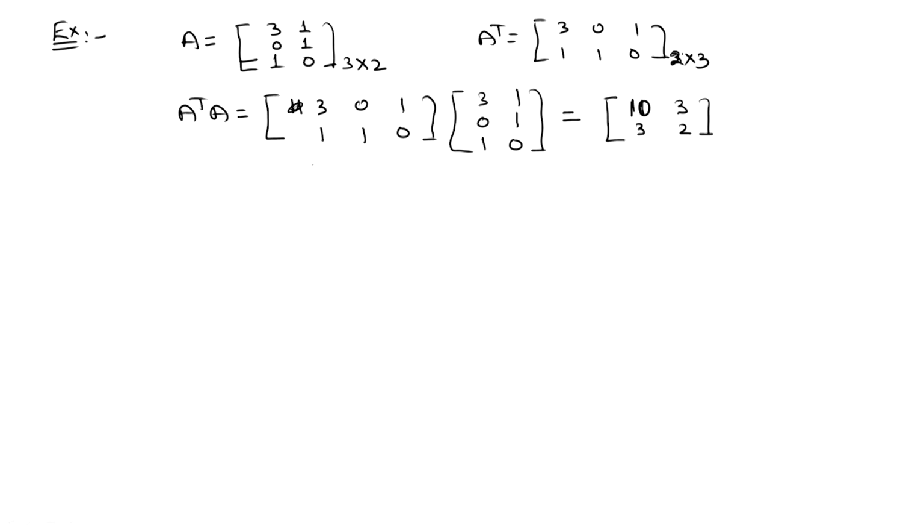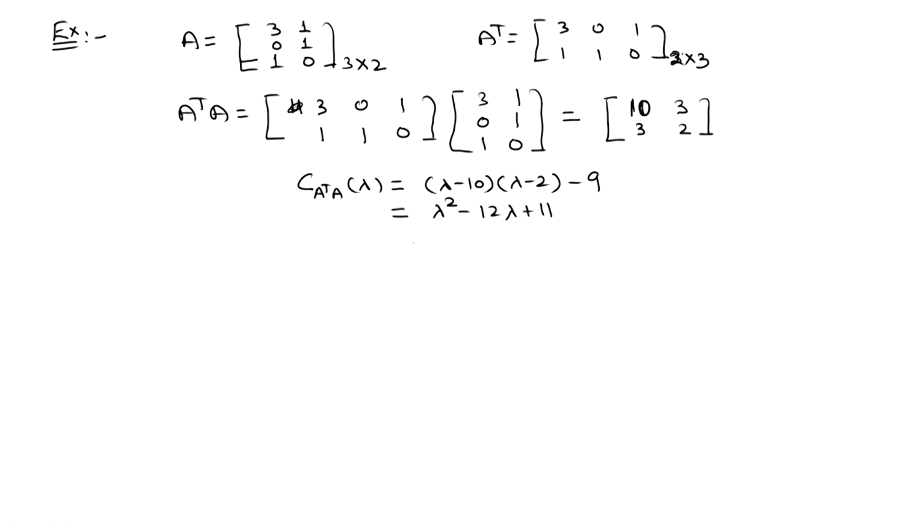Now, if we look at the eigenvalues of A transpose A, the characteristic polynomial of A transpose A will become lambda minus 10 into lambda minus 2 minus 9. So, this will become lambda square minus 12 lambda plus 11.